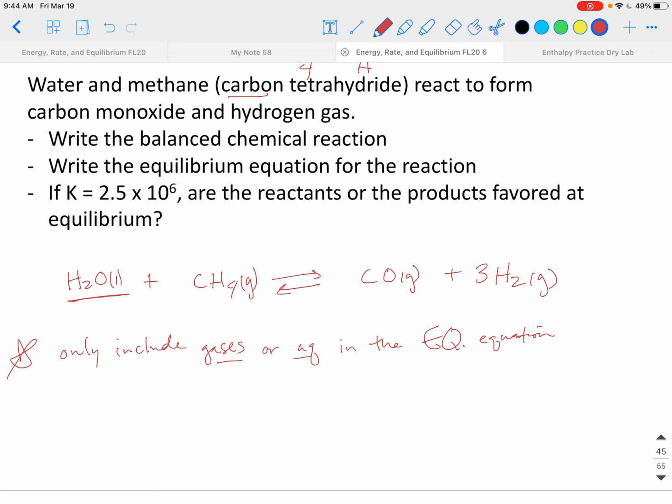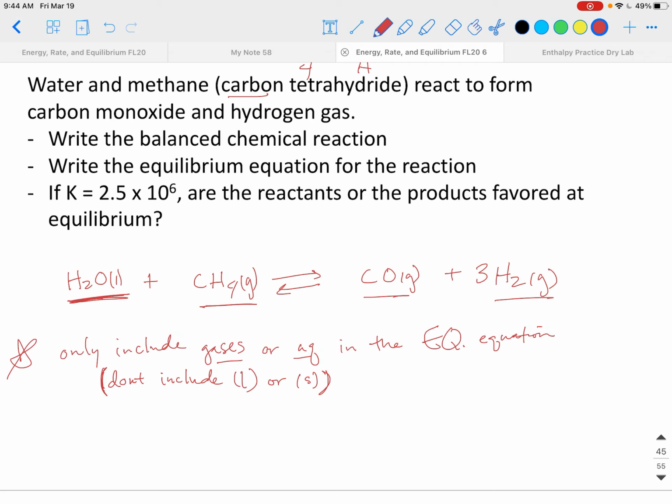We do not actually write things that are liquid, okay, or solid. So don't include liquids or solids. Okay, there's a little blurb about this in your textbook if you want to know more about why. But we only include things that are gases or aqueous.